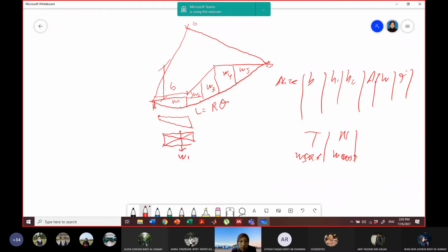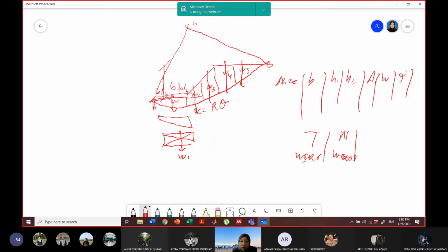If you assume all the slices are trapezoidal shapes, we can say that the centroid for W1 is acting half from the B, similarly goes to W2, W3, W4, and also W5, which is acting half from the B. So B over 2, here also B over 2.